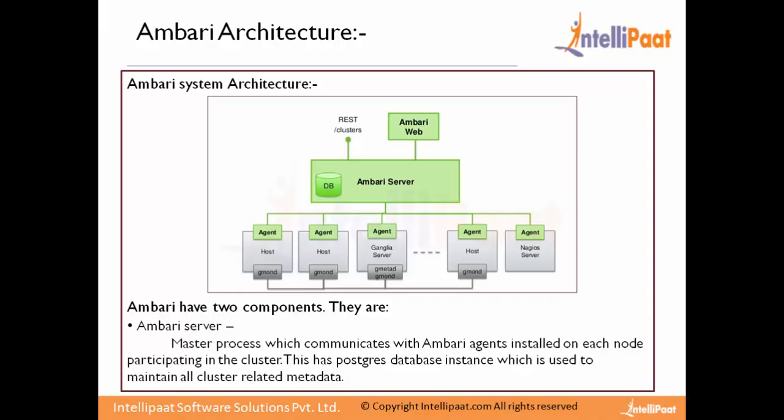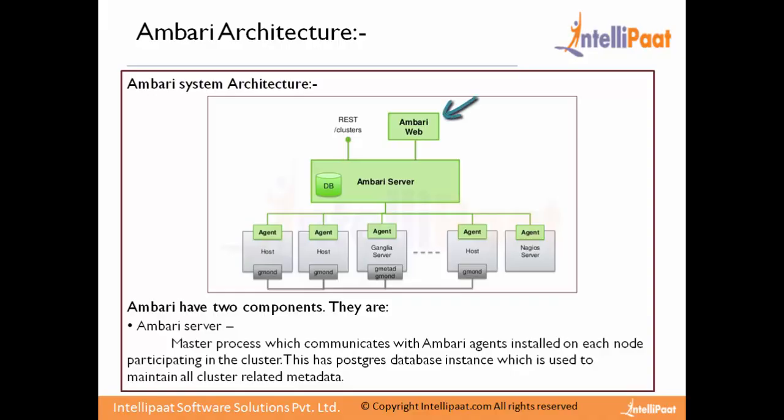Ambari also collects different metrics from the nodes, which include cluster details and hardware details like RAM, users, and space utilization. Ambari Web shows all the information in the form of graphs, and it consists of Ambari server, Ambari agent, metric collectors and alert mechanism.